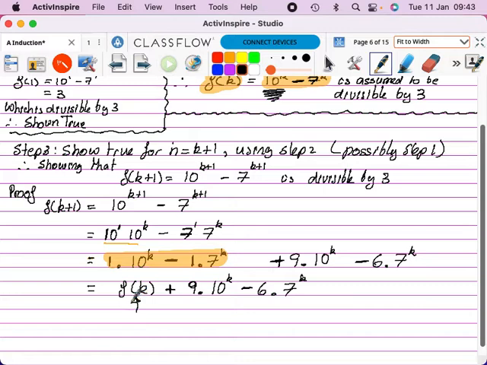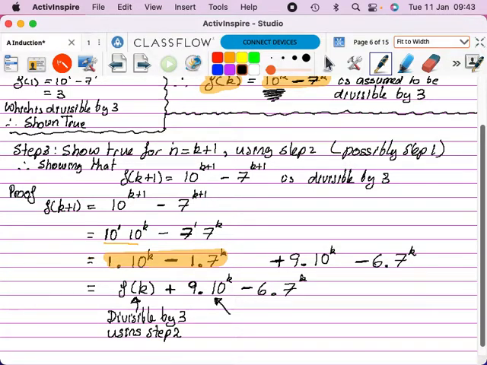Because here you can say divisible by 3 using step 2, because we assumed f of k is divisible by 3. What do we know about 9 times something? Well, 9 times something is clearly divisible by 3, isn't it? And what do we know about 6 times something? Well, it's clearly divisible by 3.